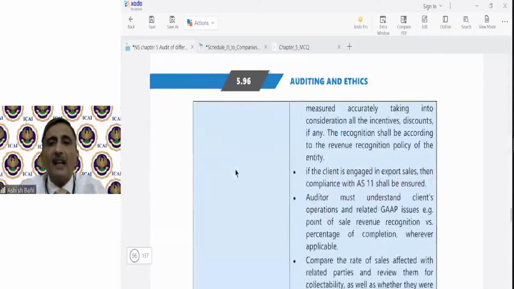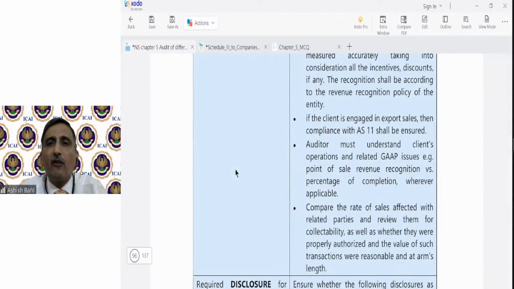And say in case sales have been made in foreign currency, then the standard point AS11. This I had told you, students, that this point is common in many of the items. So if you cannot remember anything else, you can write with reference to AS11. So this is a specific point also. Okay.